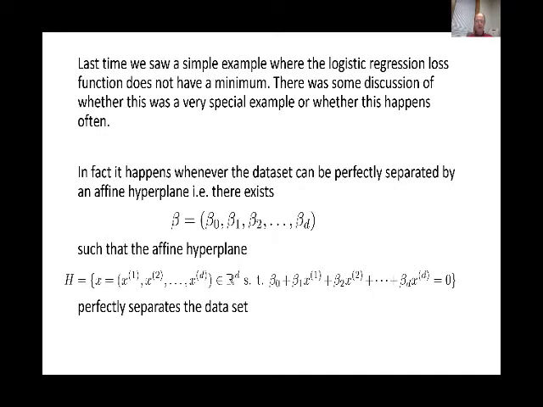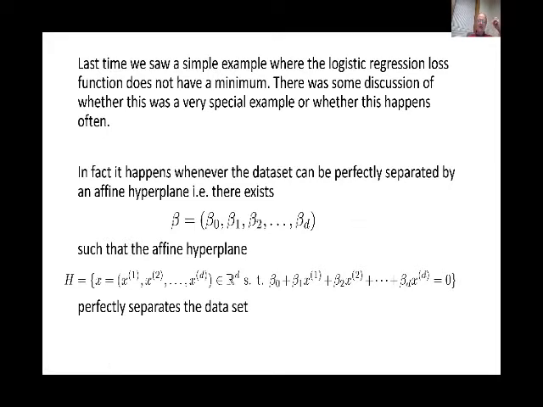I'm going to just recoup a little bit what we did last time. Last time we had this example where we had a data set that could be perfectly separated by a line. In this case we couldn't find a solution without regularization. So the gradient descent sequence, either just gradient descent or Newton, does not converge in that case.